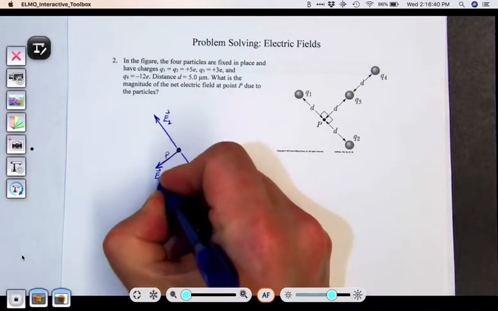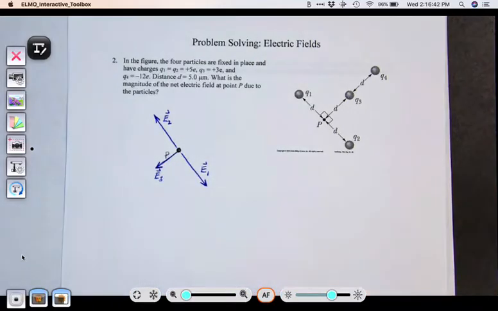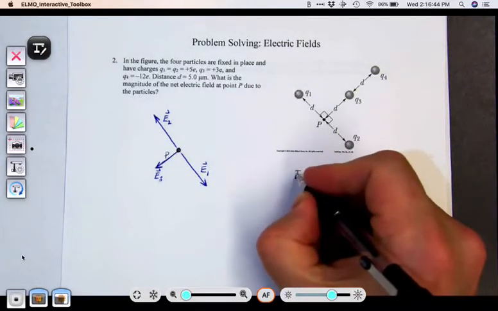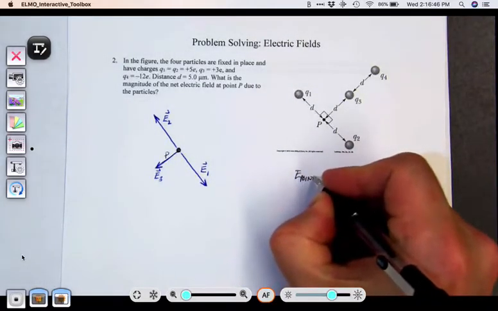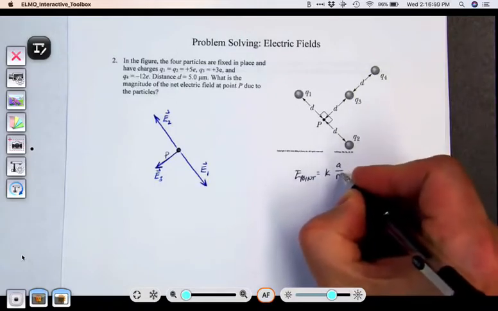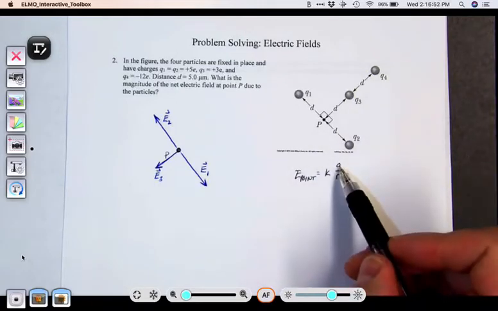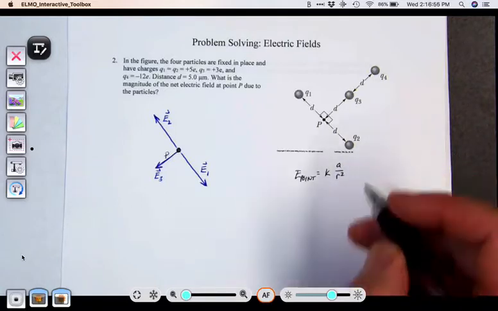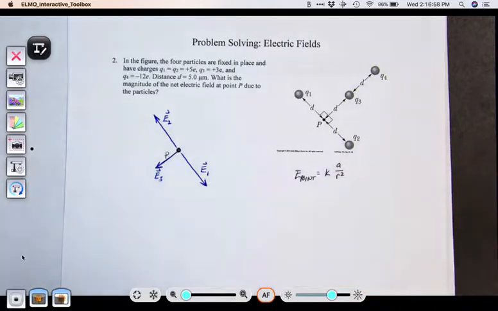Why is that? Well, the electric field for any point charge is equal to K times Q over R squared. So if I've got 3e instead of 5e, it's going to be 3/5 of what the previous electric field was.